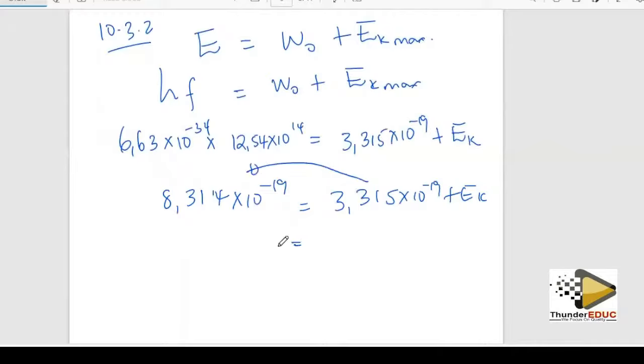When I insert this into the machine, 8.314 times 10 to the negative 19, okay, we're subtracting 3.315 times 10 to the negative 19.